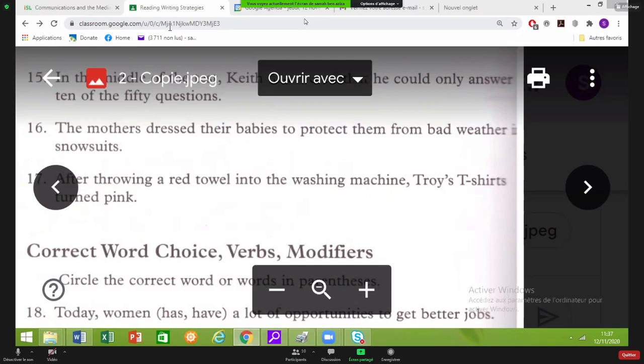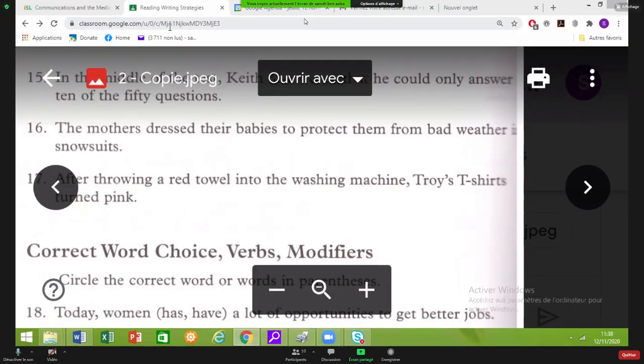Or no, better: in the middle of the test, Keith discovered that he could answer 10 of the 50 questions. Okay, but you did not write only. He could answer only 10 of the 50 questions. So in the middle of the test, comma, Keith discovered that he could answer only 10 of the 50 questions. This is the best alternative.